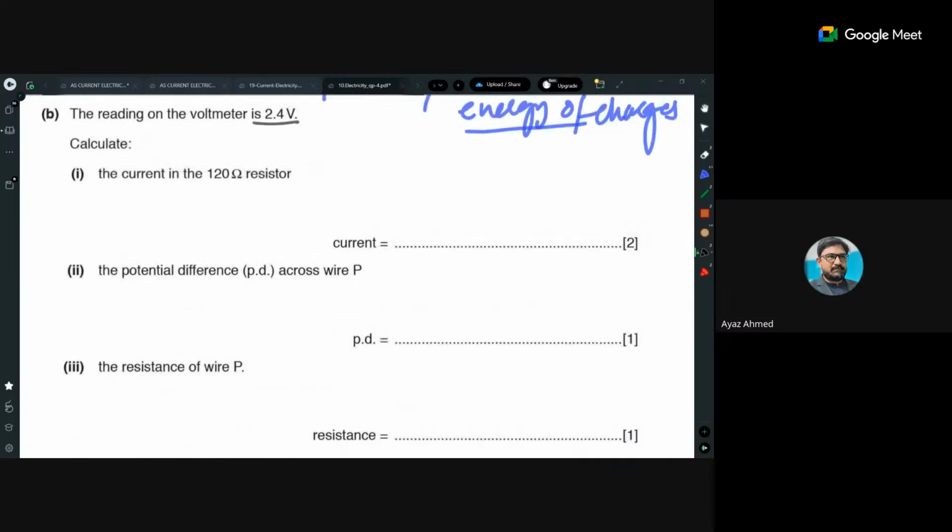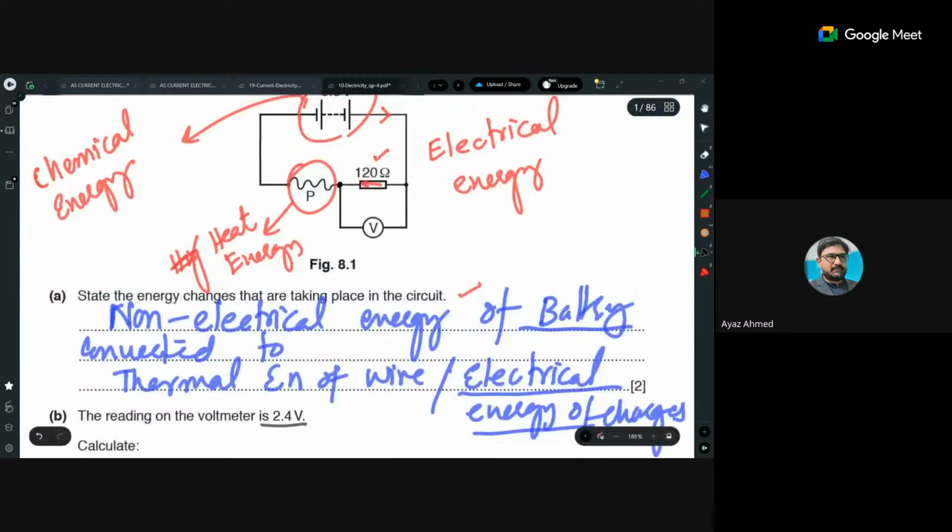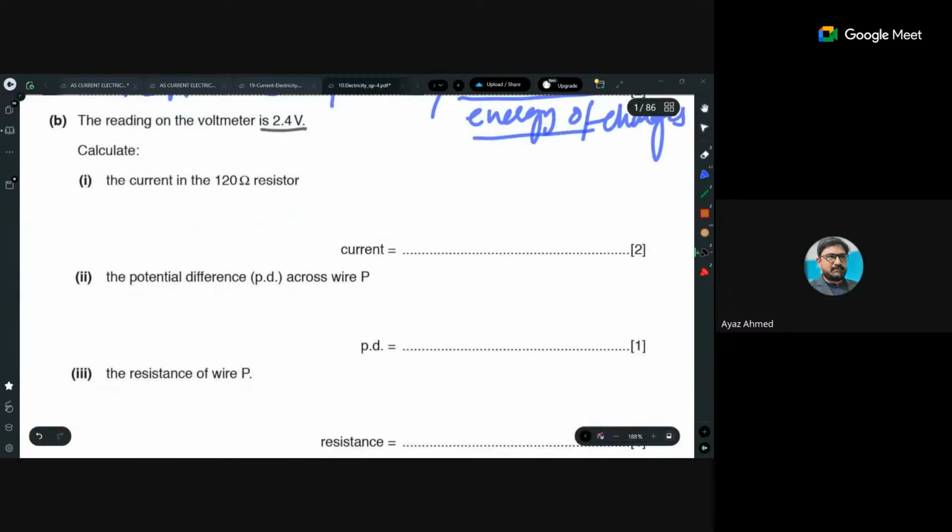The reading of the voltmeter is 2.4 volts. So you have seen that this reading is 2.4 volt, and calculate the current in the 120 ohm resistor. I told you during the discussion, and the rest of the students, because I believe that you did this last week.